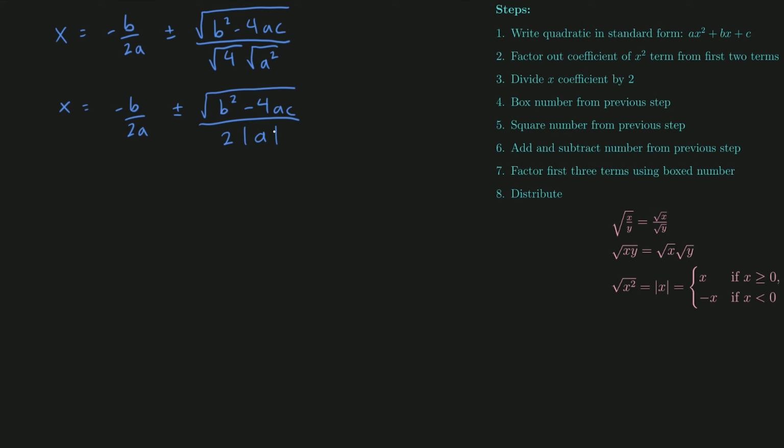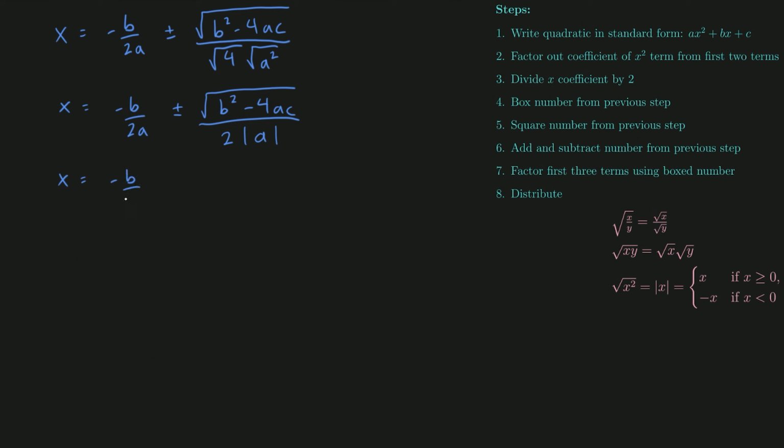Finally, we can refer to our definition of the absolute value function to replace this absolute value of a expression. The absolute value of a will be equal to a if a is greater than or equal to 0, and negative a if a is less than 0. Our first assumption was that a was a positive number, so we can swap out this absolute value of a with just the regular value of a.